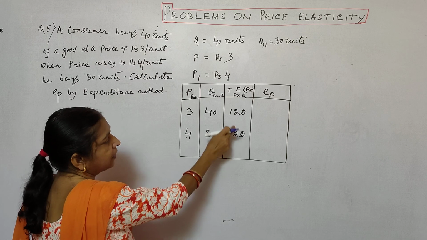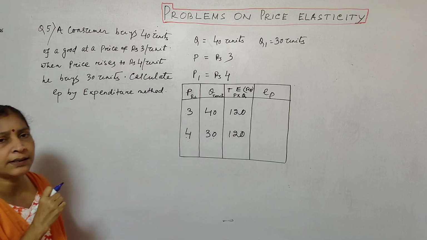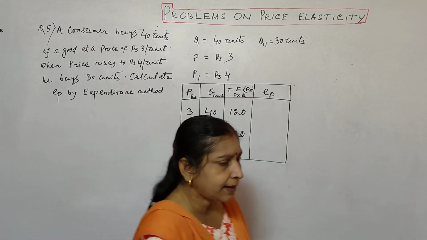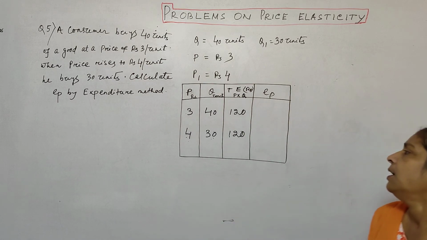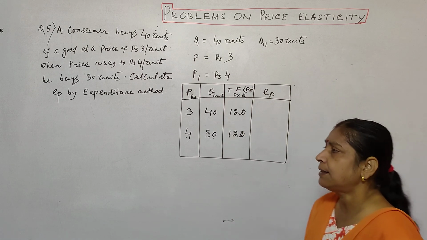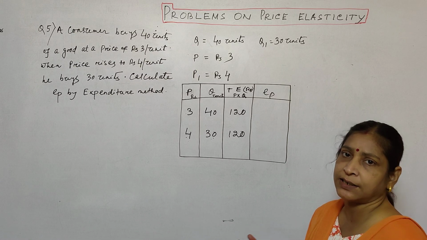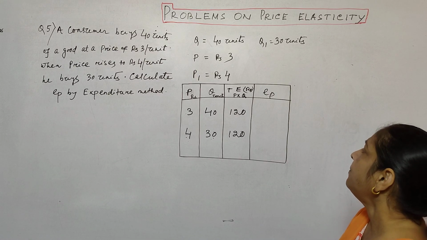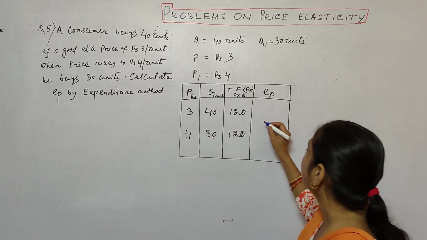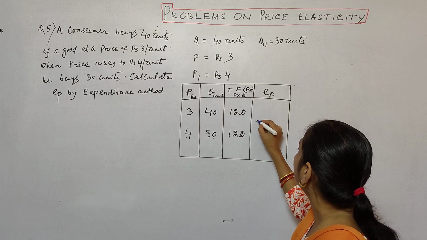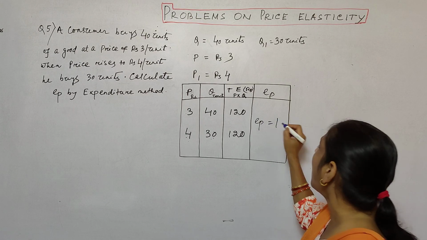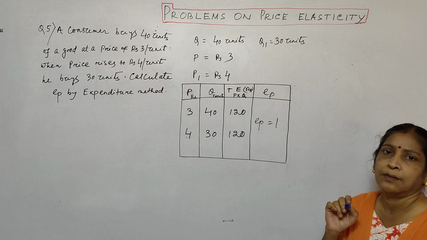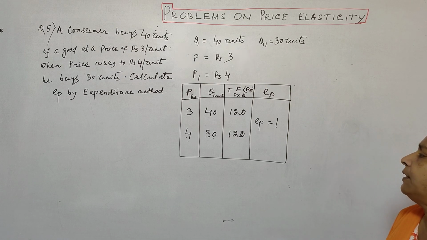Now we see here the total expenditure remains constant. So friends, in the total expenditure method we know that with a rise or fall in price, if the total expenditure remains constant, then EP is unitary elastic. That means EP equals 1. We have this formula.